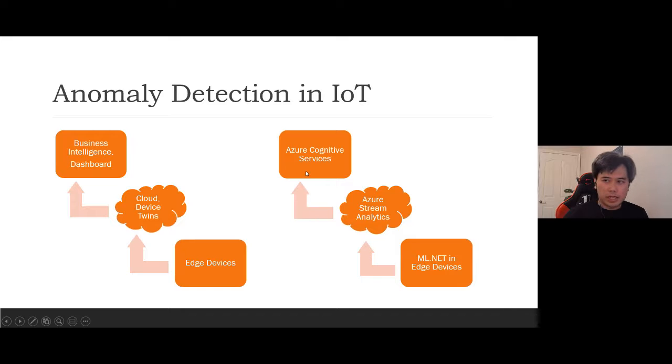And in this case, also for the dashboards, you can use Cognitive Services to improve your anomaly detection, or to use anomaly detection in your dashboard or for your business intelligence or Power BI.